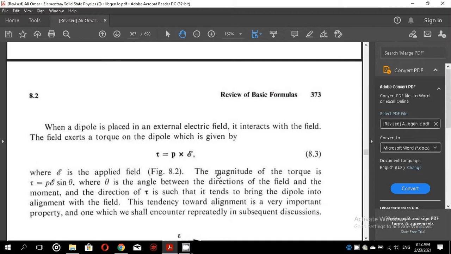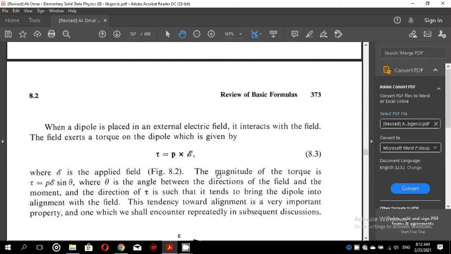Okay. When a dipole is placed in an external field, it interacts with the field. The field exerts a torque on the dipole, which is given by equation 8.3: tau is equal to the cross product of p and the electric field E, where E is the applied field.